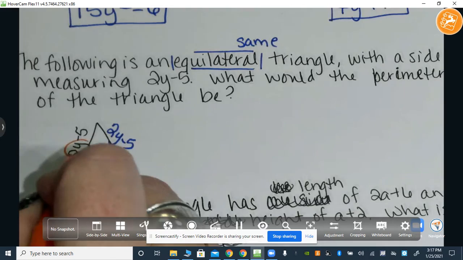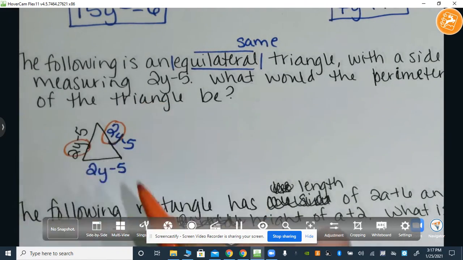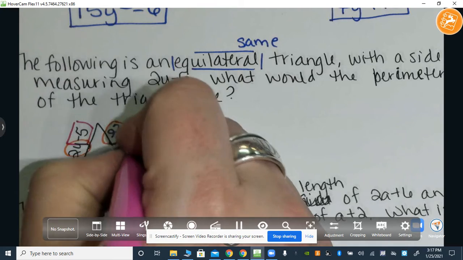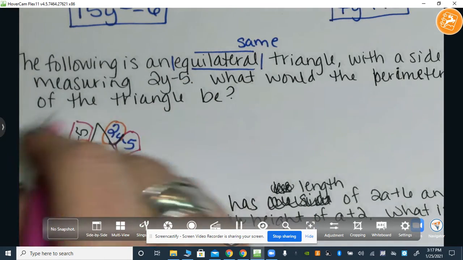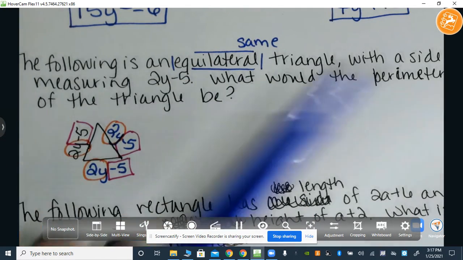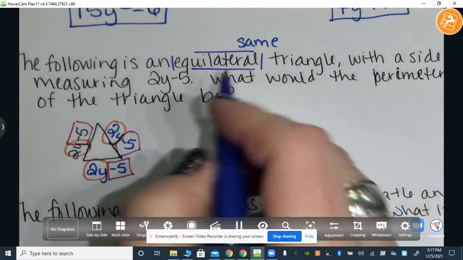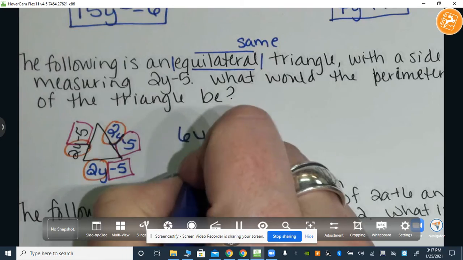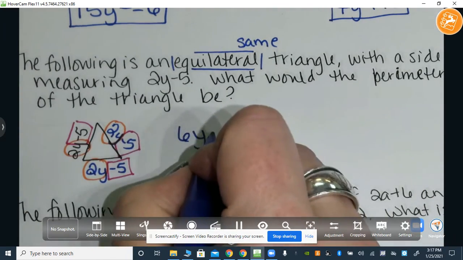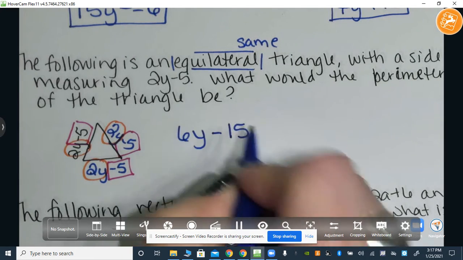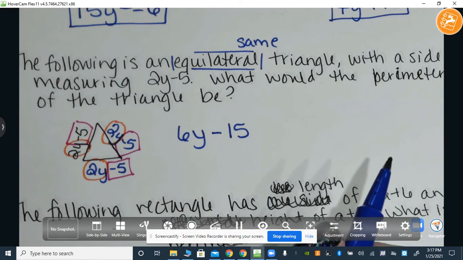This is a 2y, this is a 2y, and this is a 2y. Then I have a minus 5, minus 5, minus 5. Those are all like terms. So when I combine my like terms, I have a 2, another 2, and another 2, which gives me 6y, minus 5, 10, 15. So I have 6y minus 15.